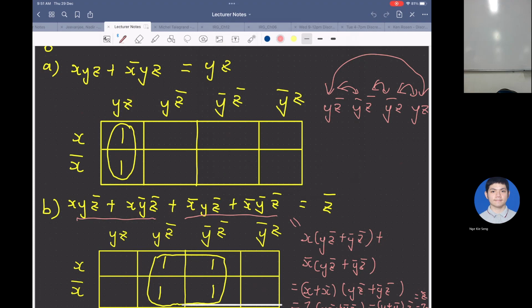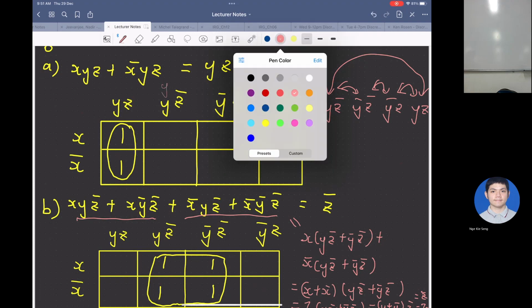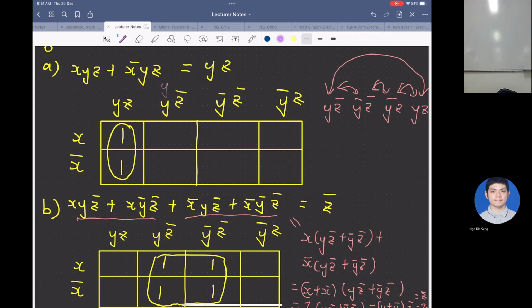For example, if you put y bar z bar here, then this one will be wrong. Can you see why? If you put the first column as yz and the second column as y bar z bar, this one will be wrong. You know why?